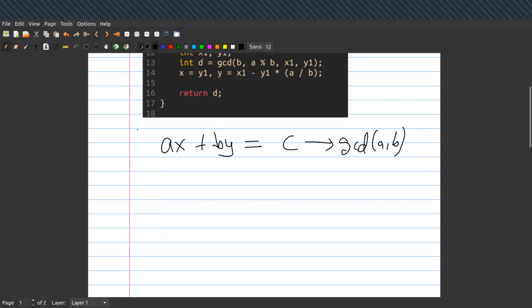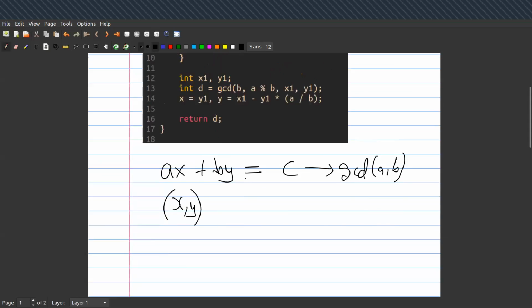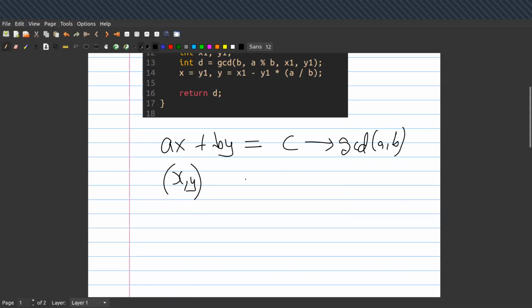So what if we have to find the value of x comma y? What if we had something like cx plus y equal to c? The solution of this would be x equal to 1 and y equal to 0, right? So we have to somehow reach this stage.